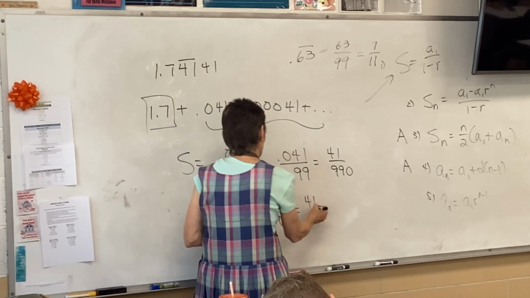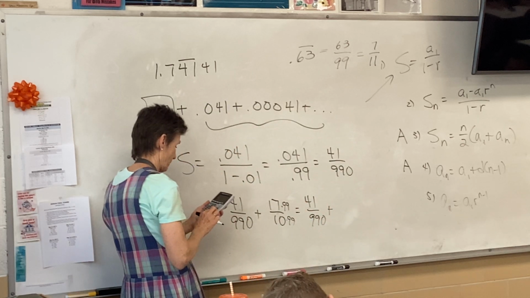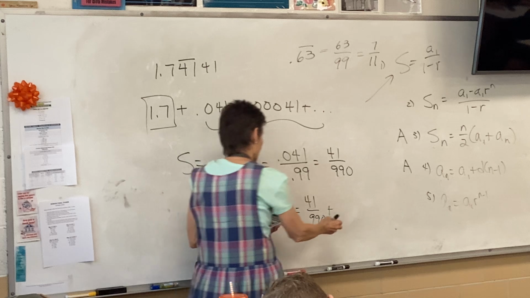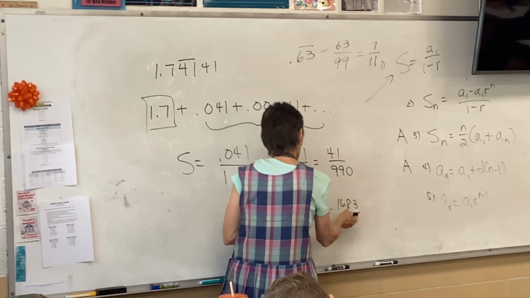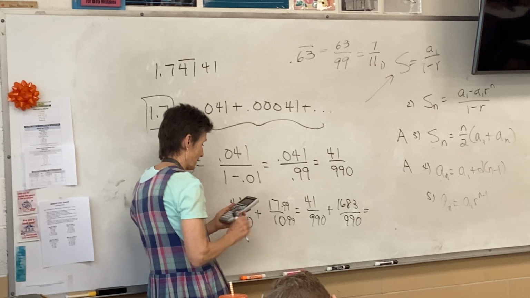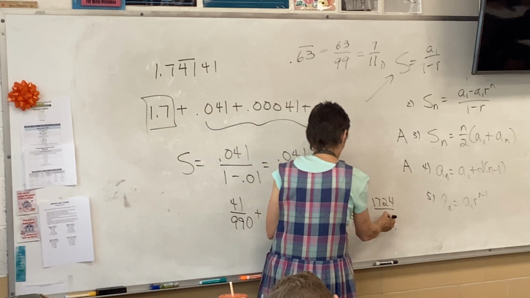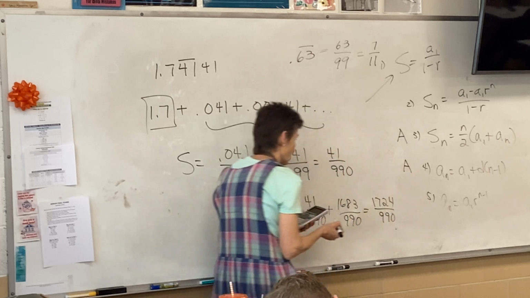And I'm going to add 41/990 to 1683/990. Which gives me a grand total of 1724/990.